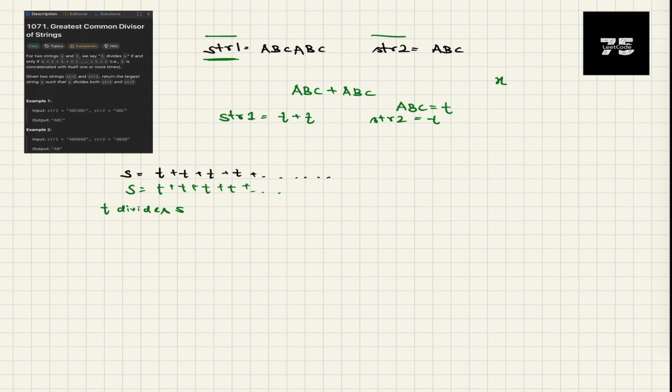So the largest divisor I can have from 2t and t would be t, which is abc, and that is what is given in the output.